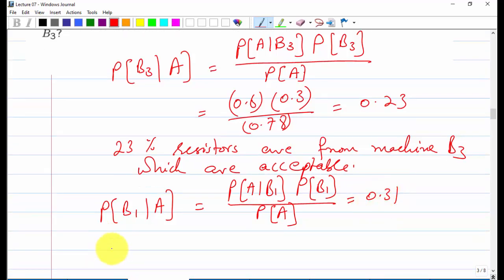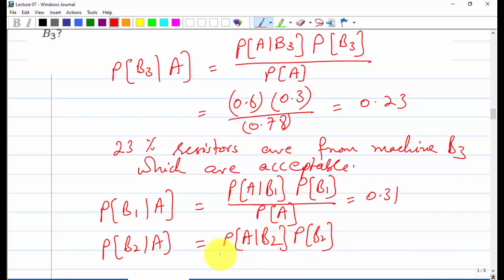Similarly, we can calculate B2 given A, which is probability of A given B2, times probability of B2, divided by probability of A. Again we have all these values, so 0.46.